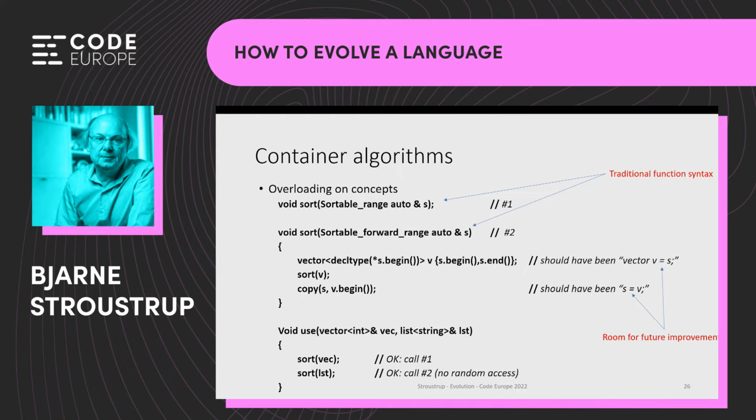But anyway, here now I'm doing what I did before. I sort vector, and it asks, does vec meet all the criteria of a sortable range? It does. So we try and sort list. Does it meet all the criteria? No. Does it meet all the criteria of a forward range? Yes, so we pick that.